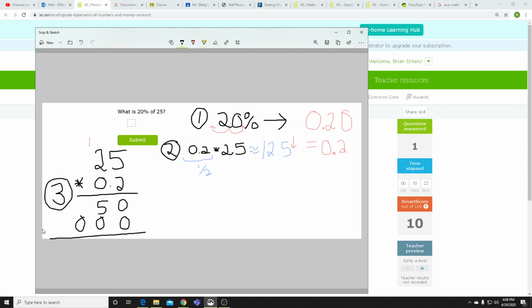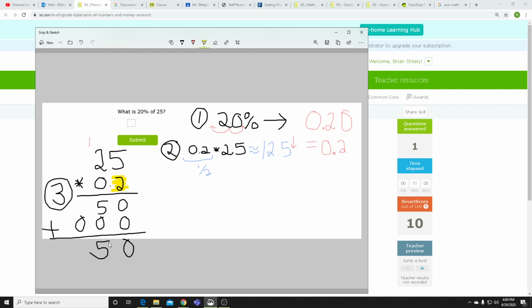All right, so next step, we have to add up. 0 plus 0 is 0. 5 plus 0 is 5. Just 0. You can write it in if you want, but I'm not going to. So now we have this for our final answer, but there was one more step. We need to count how many decimal places there should be, because we know 50 wouldn't make sense. 20% of 25, well, that has to be less than 25, because 100% would be 25.